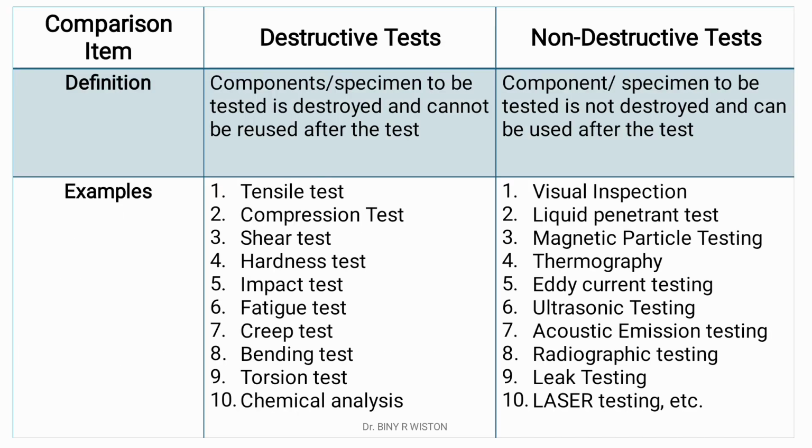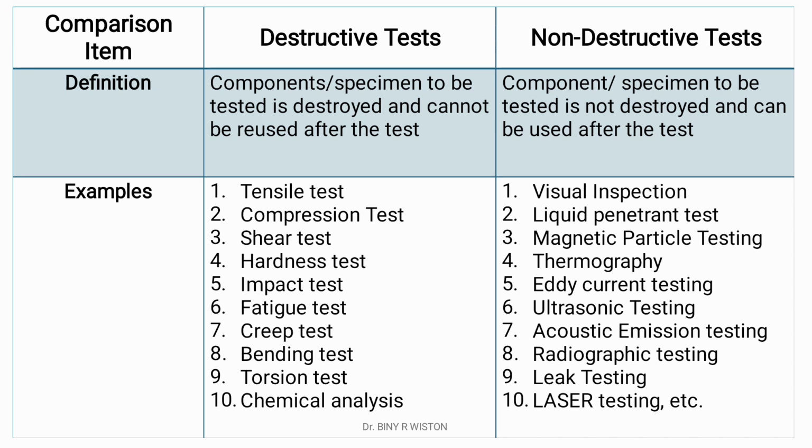So when we compare destructive testing and non-destructive testing, by definition, in destructive testing, the component or specimen to be tested is destroyed and cannot be reused after the test. In non-destructive testing, the component or specimen to be tested is not destroyed and can be reused after the test.